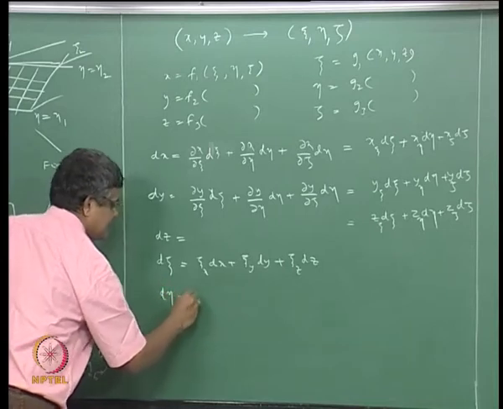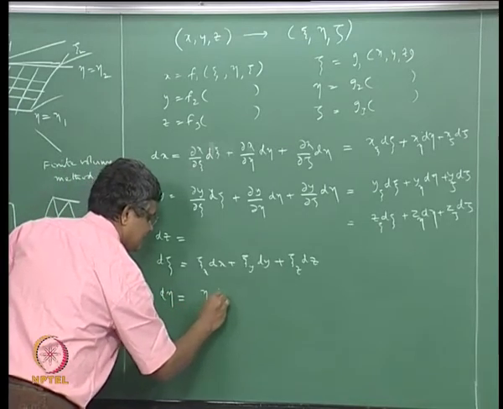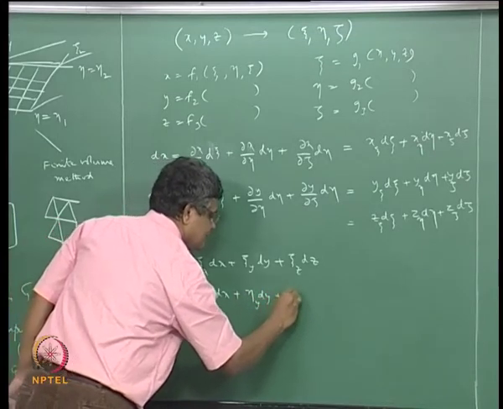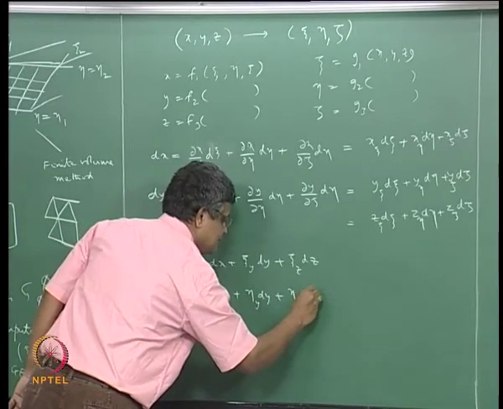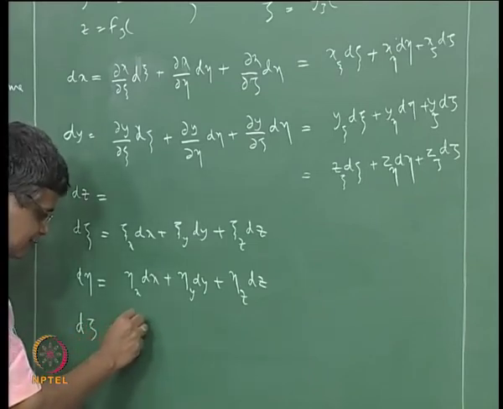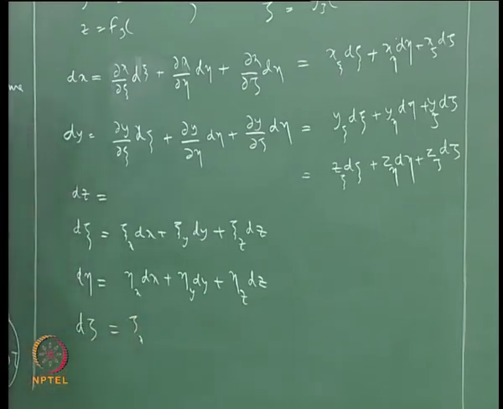D eta can be written as eta x dx plus eta y dy plus eta z dz, and finally d zeta can be written as zeta x dx plus zeta y dy plus zeta z dz.